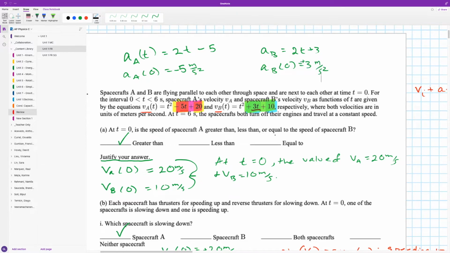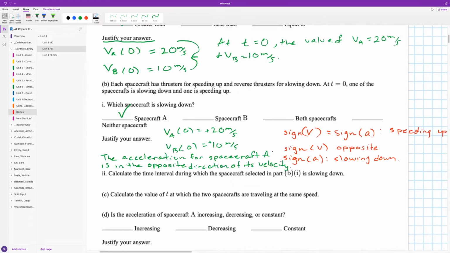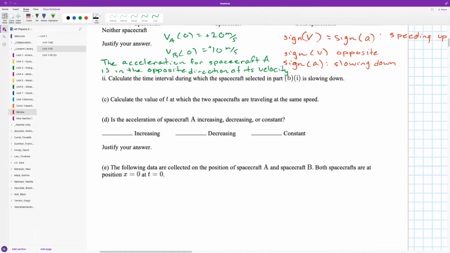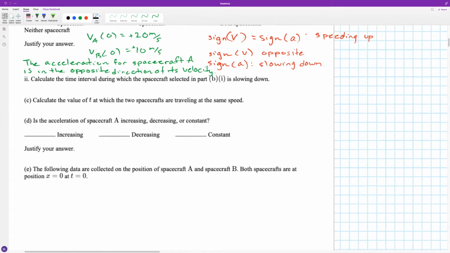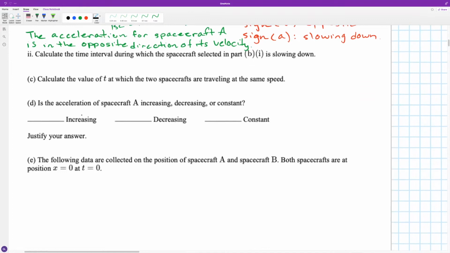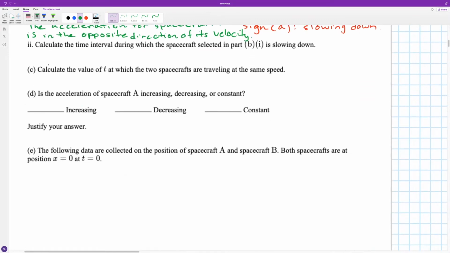Okay, so let's look at part C. We're actually going to have to do some calculations. If we look on our AP Classroom, I shared with you the action verbs for free response questions. When we have to calculate, we have to plug in some numbers and show some of these quantities. So: calculate the time interval in which the spacecraft selected in part B is slowing down.